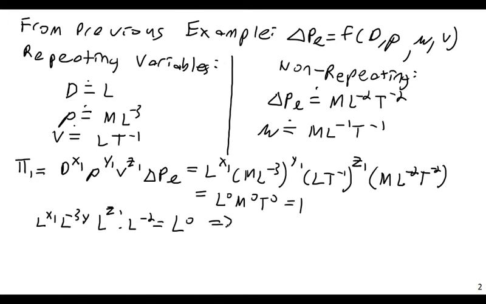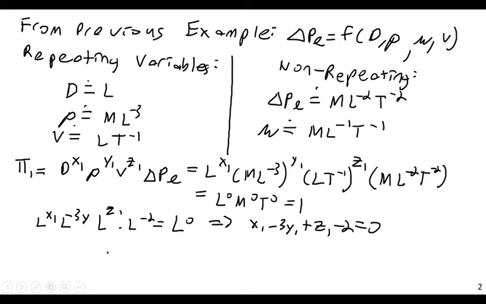And from this, I can create a linear equation that says x1 minus 3y1 plus z1 minus 2 is equal to 0. I have an equation. So that is my first linear equation. Again, this comes directly from the powers.